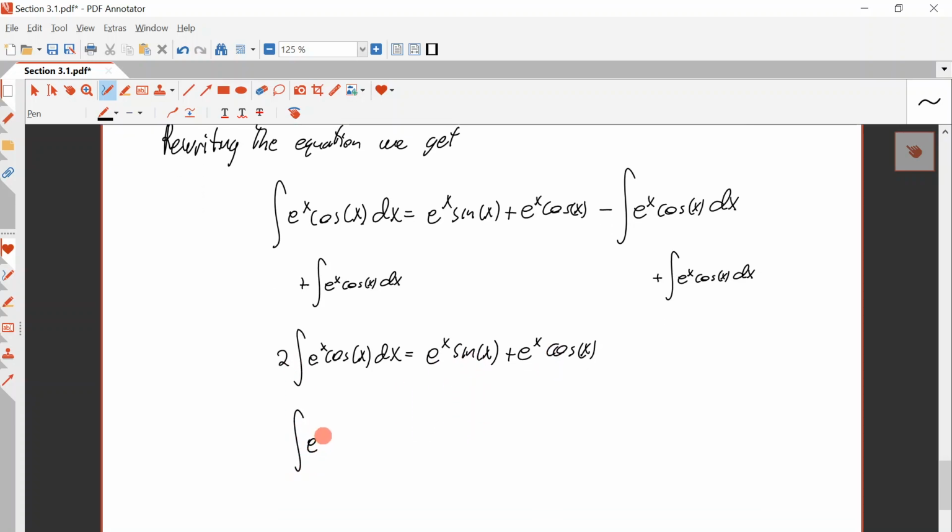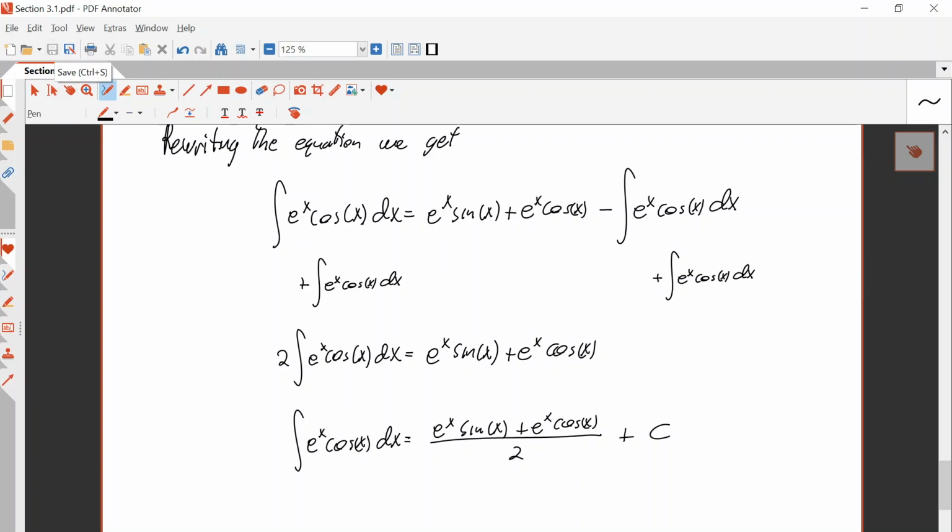So the antiderivative of e to the x cosine x is equal to 1/2 e to the x sine x plus e to the x cosine x, all over 2. And once you get that final answer, you put your plus c in there at the end.